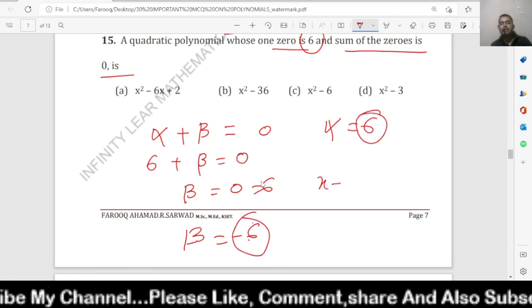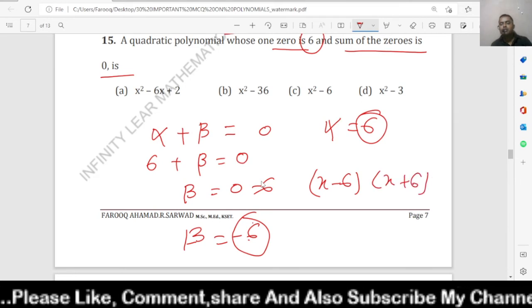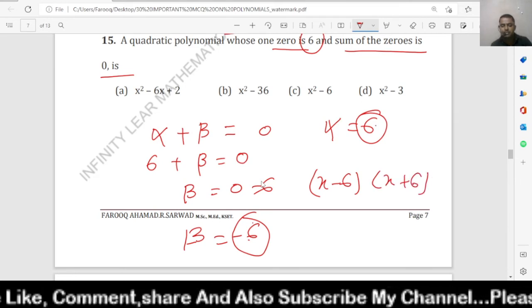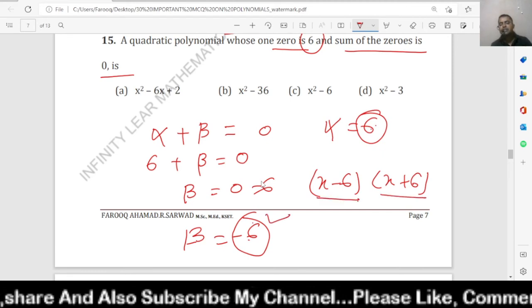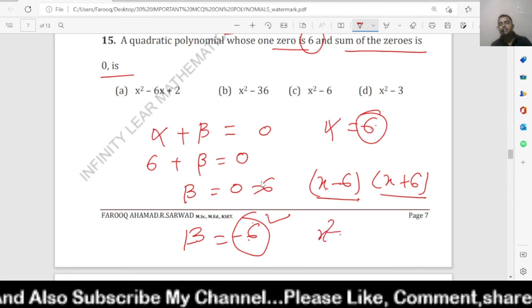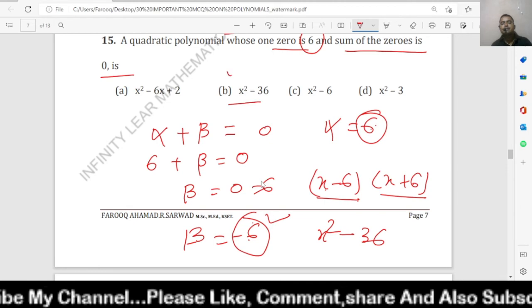Now what I am doing here? X minus 6 into x plus 6, because for plus 6 we have to write minus 6, and for minus 6 it is plus 6. Now a minus b into a plus b, x square minus b square, that means 36. Option B is correct.